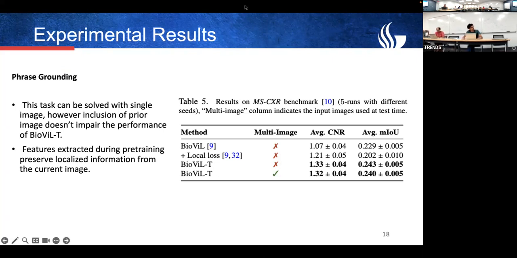So here they're saying that if we include temporal information, it's not going to impair the results, right? If you take a look at the last two rows, it's 1.33 and 1.32. So they are mostly the same, right? So even if you use multi-image, it's not going to distort your results or something like that. So it's going to preserve localized information from the current image.